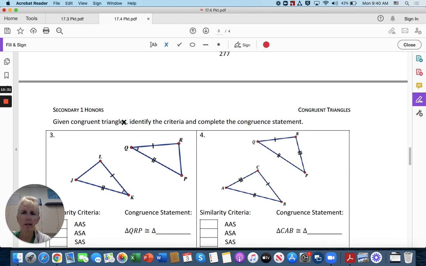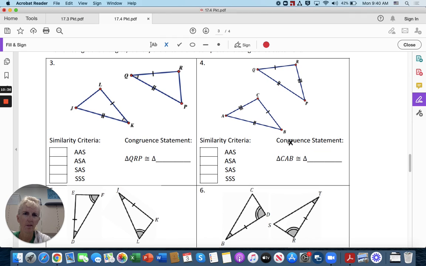Given congruent triangles, identify the criteria and complete the congruence statement. Okay. So this one right here, similarity criteria, side, side, side. Once we know we have that, we say triangle CAB is congruent to RPQ.